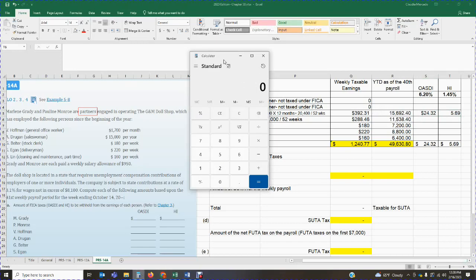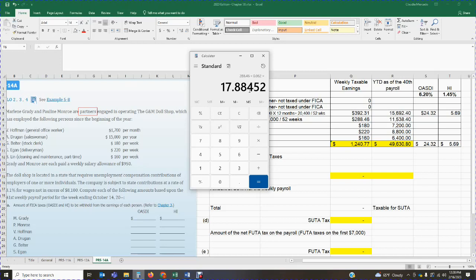The next employee, my weekly pay is $288.46 times 6.2%. That gives me 17.884. That third digit is a 4, so I'm going to keep it as is. Remember, the rule is if that third digit is between a 0 and a 4, you keep that second digit as is. If the third digit is a 5 or greater, then you round up by 1.